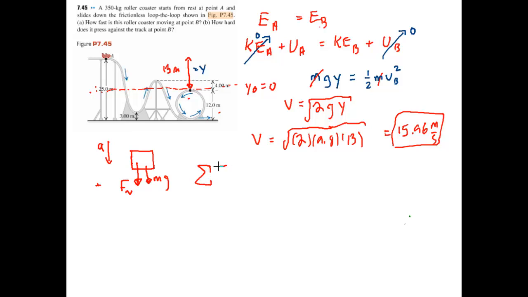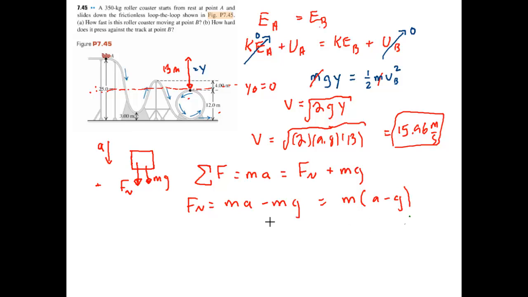I write Newton's second law. Sum of the forces is going to be equal to the mass times the acceleration. That's going to be equal to the normal force plus the mass times gravity. I'm solving for the normal force, so the normal force is going to be equal to the mass times the acceleration minus the mass times gravity. I factor out a mass, and I have acceleration minus gravity. I know what the acceleration is.